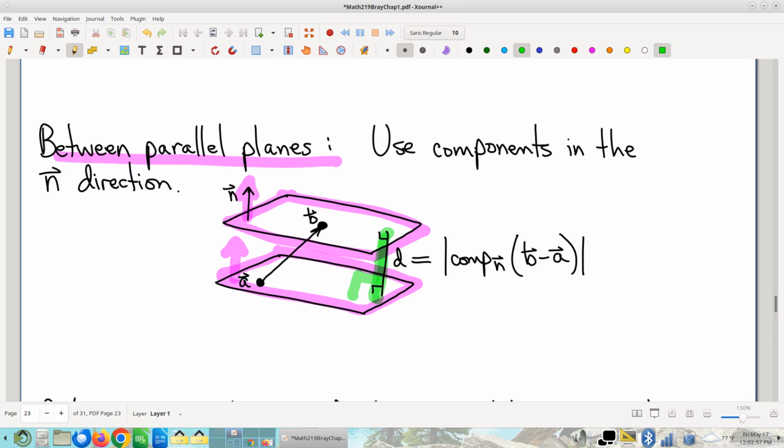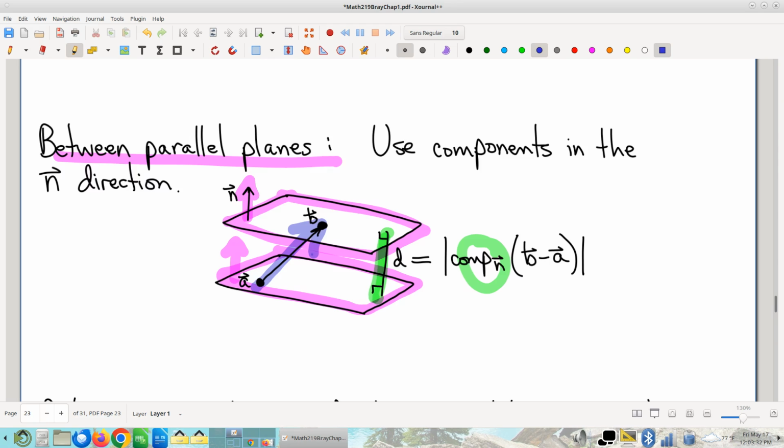So the slick move here is to realize that because it's a distance in the perpendicular direction, and because the normal vector is also in the perpendicular direction, this distance is mostly just a component. And you can pick any vector you want here. I arbitrarily picked a couple of points A and B, one in each of the planes.